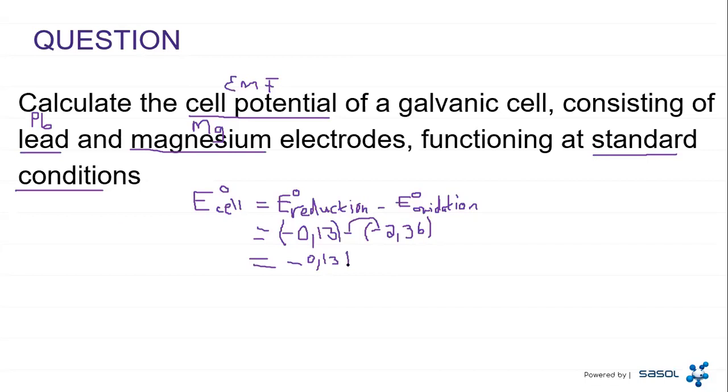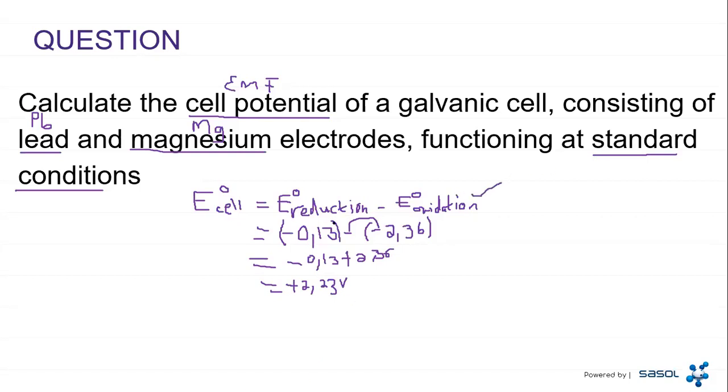So it will be negative 0.13 plus 2.36. And then if you do your mathematics there, you will see that it will give you positive 2.23 volts altogether.